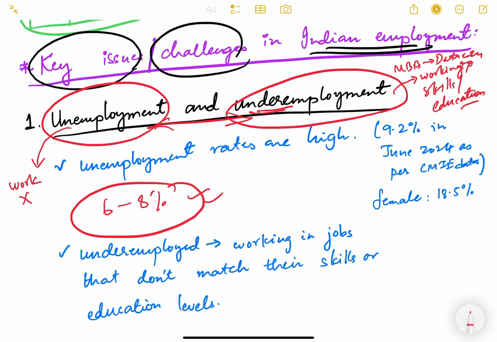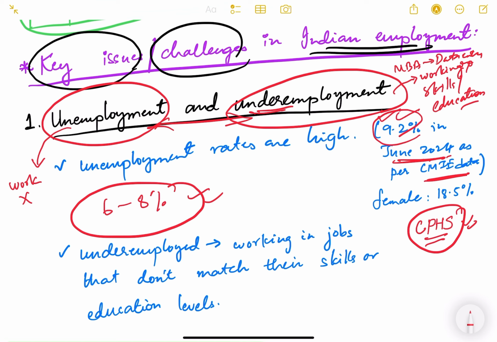As per the latest data of CMIE, the Centre for Monitoring Indian Economy, which is a private firm, they do a household survey known as the Consumer Pyramid Household Survey. About this in detail we'll see later. It is a kind of monthly survey. As per the June 2024 report, which is the latest I could find, the unemployment rate in India is almost 9.2%.